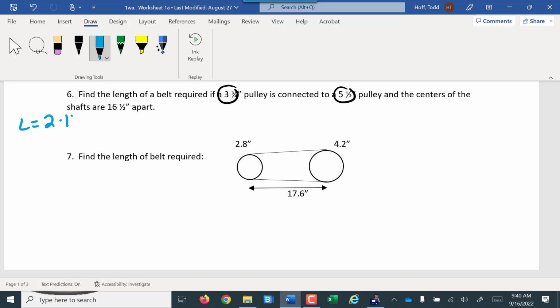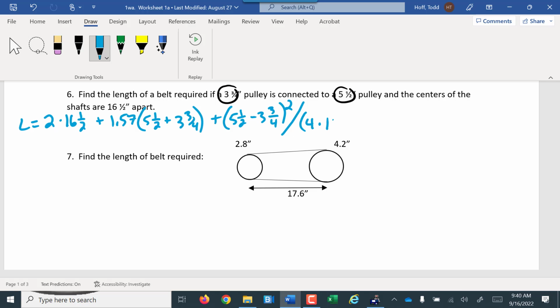That'll be the 16 1/2, plus 1.57 times (D plus d). So big D is the 5 1/2. Little d is the 3 3/4. And then plus (big D minus little d) squared, divided by, and I always put the extra set of parentheses in here, 4 times C, so 4 times 16 1/2.